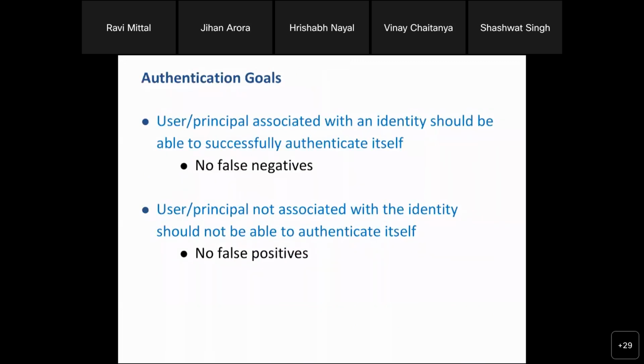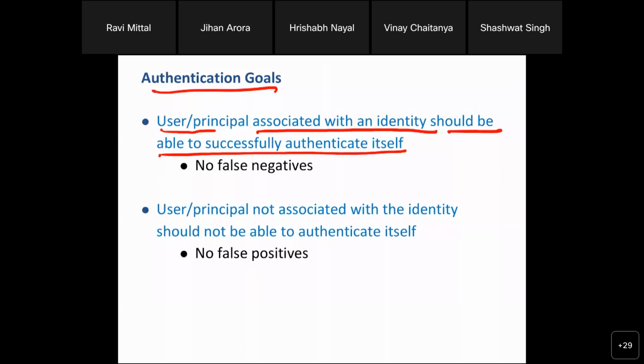So the goal of authentication is that the user or principal associated with the identity should be able to successfully authenticate itself. If I have a genuine ID card, I should be allowed to enter the office.